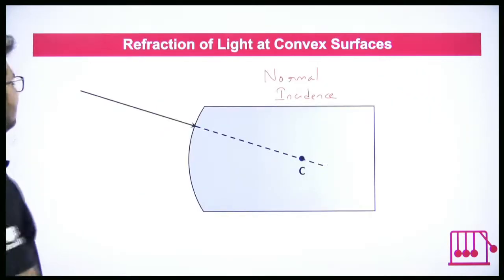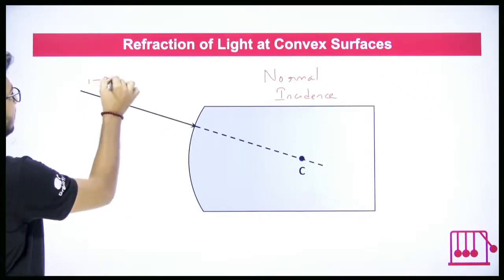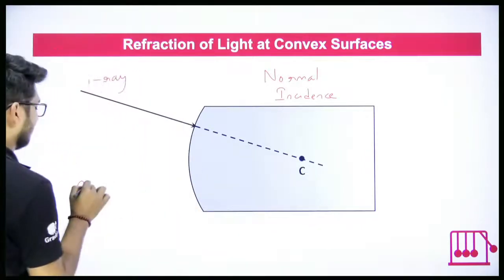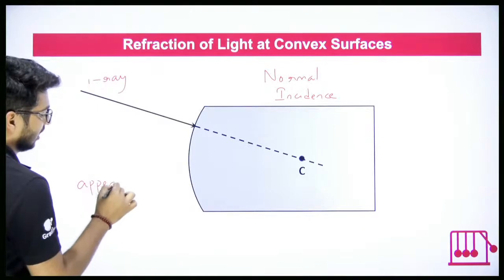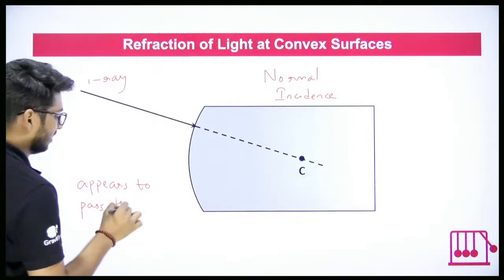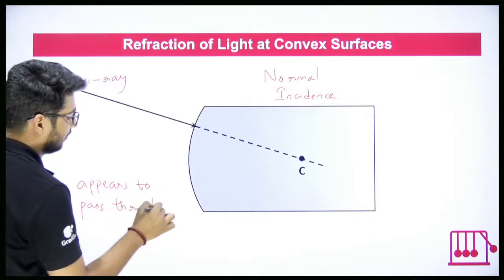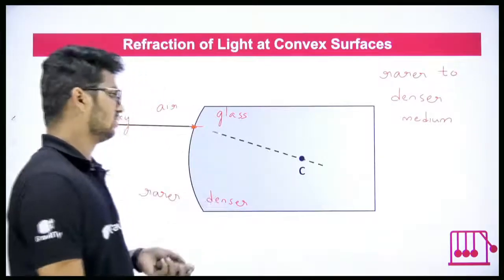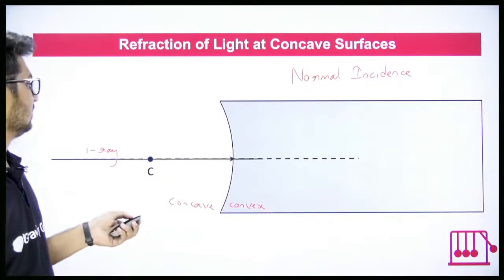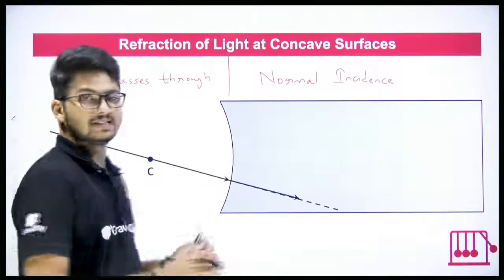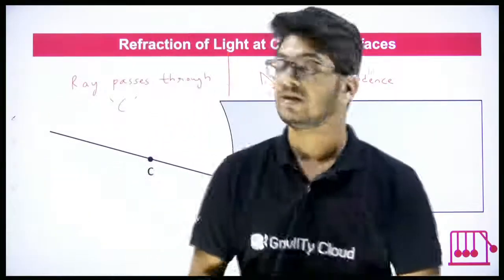Here, if you look at the incident ray, it appears to pass through the center. If the ray actually passes through the center or appears to pass through the center, it doesn't matter. It passes undeviated. Okay, we discussed that. This is also done. Clear, normal incidence for both the cases we have discussed.